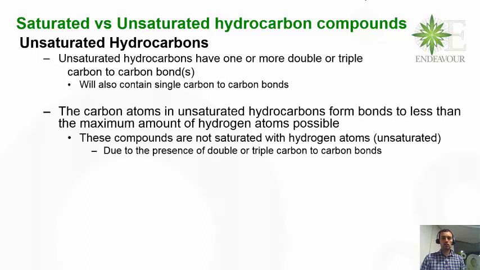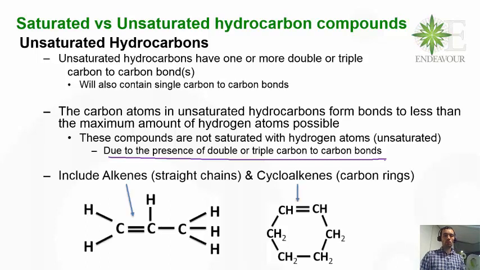So we say that these structures are unsaturated with hydrogen, so they don't have the maximum number of hydrogen atoms attached. And this comes back to the fact that they have these multiple carbon-carbon bonds. If you have more bonds to carbon, by definition, there's going to be less space for hydrogen to bond.